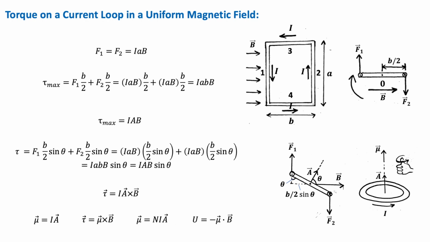So now suppose that this loop, which is initially making an angle theta to the magnetic field, is released from rest. Then the magnetic moment vector, which has the same direction as A perpendicular to the loop, will begin to rotate clockwise so as to line up with the field, okay?